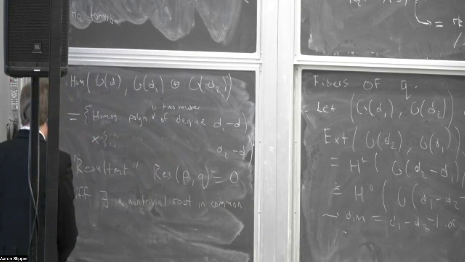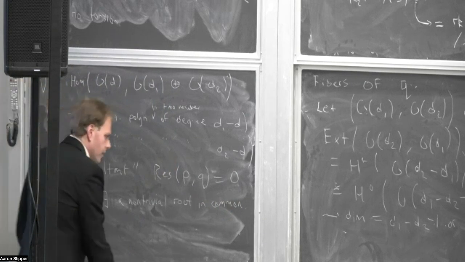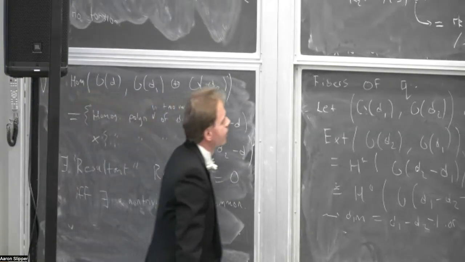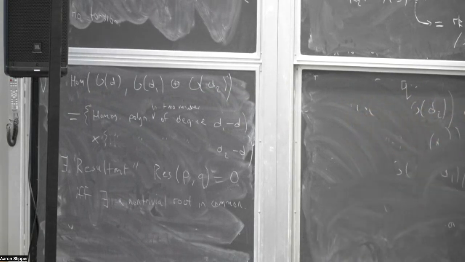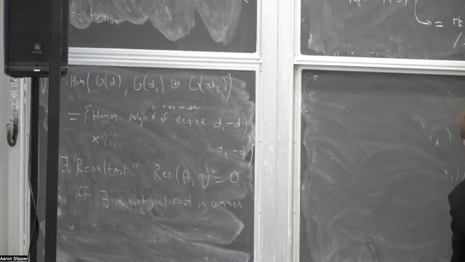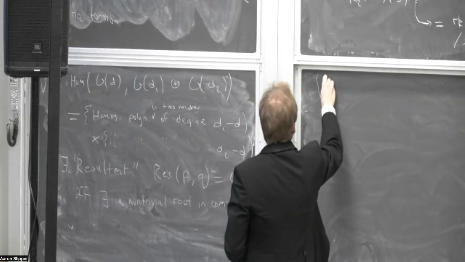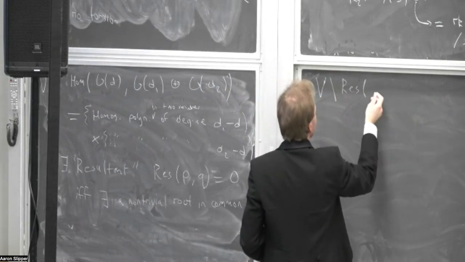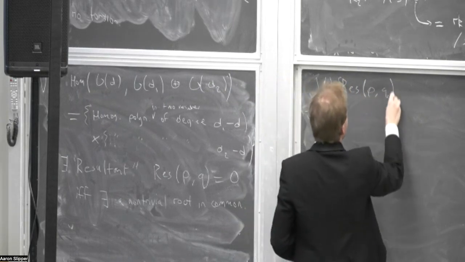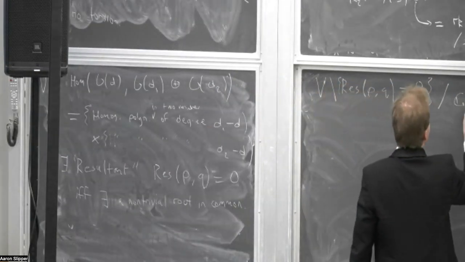So we basically have this vector space. Let's call this vector space V. So we have V minus the resultant equal to 0, writing these polynomials P and Q, modulo the action of Gn.